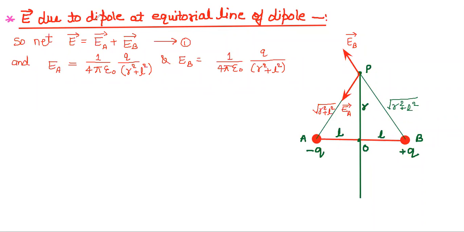So now we have to calculate the net electric field. Suppose this angle is theta, and you know that the net electric field will be along this direction.